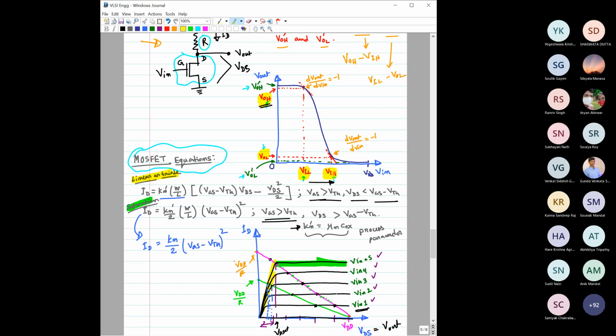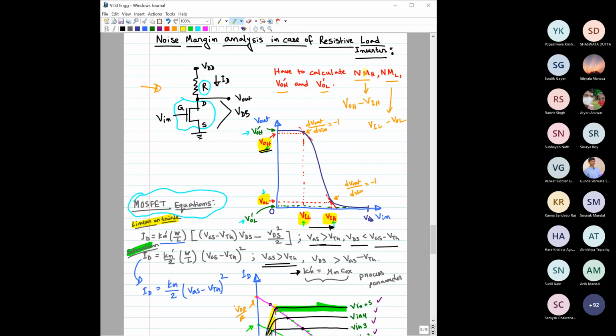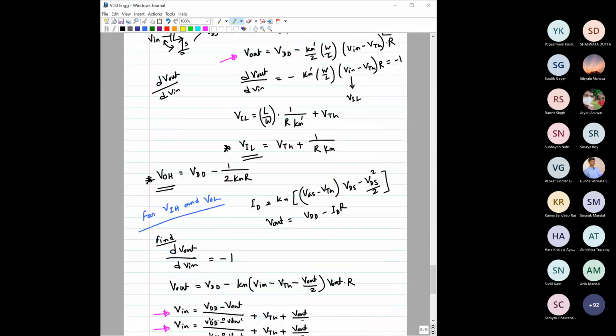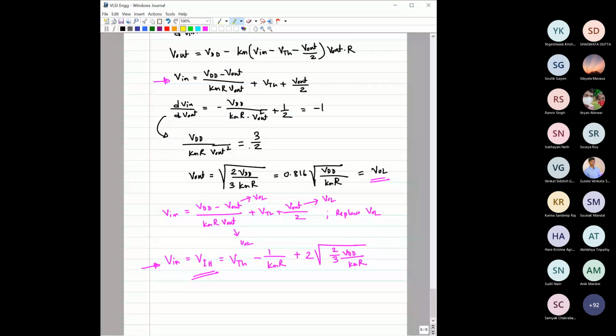So with these 4 points, we are in a position to find noise margin high and noise margin low, right? You can see the expression. If the values are given, it's well and good. You can just put those values and find.